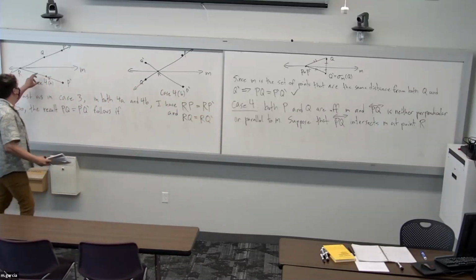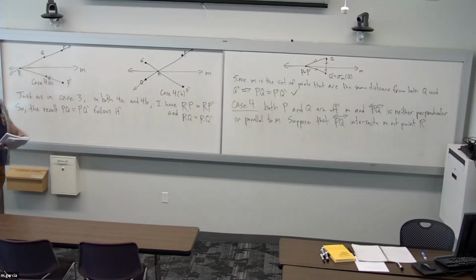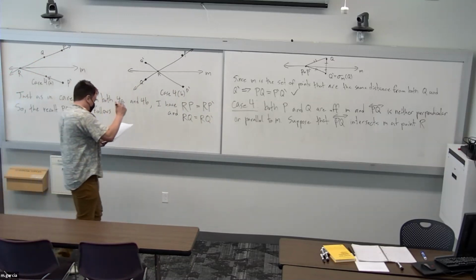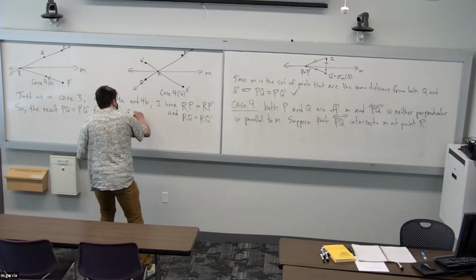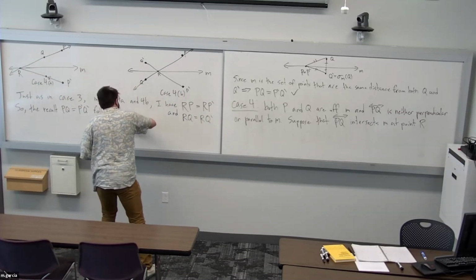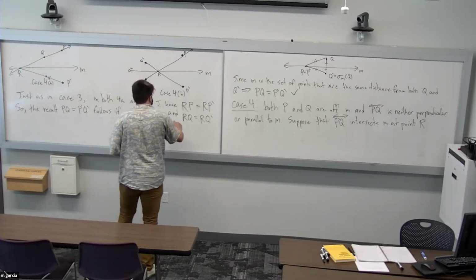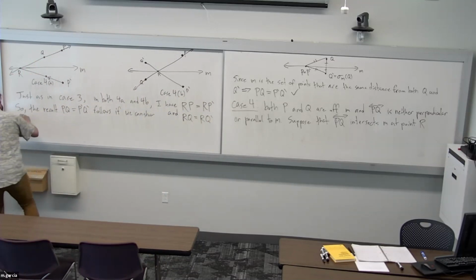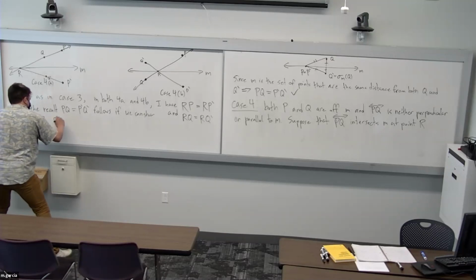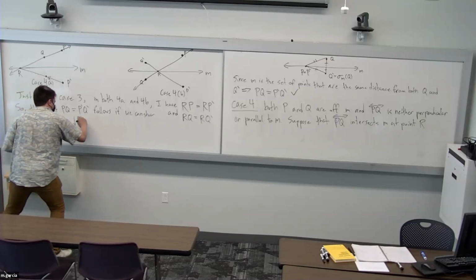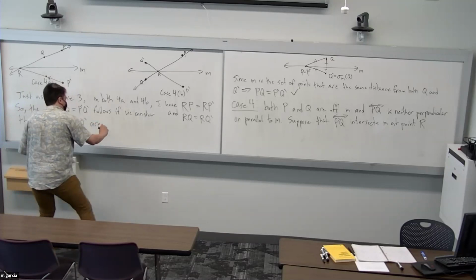Same exact argument. Okay, so the result that we're after follows if we can show that R, P prime, and Q prime are collinear.